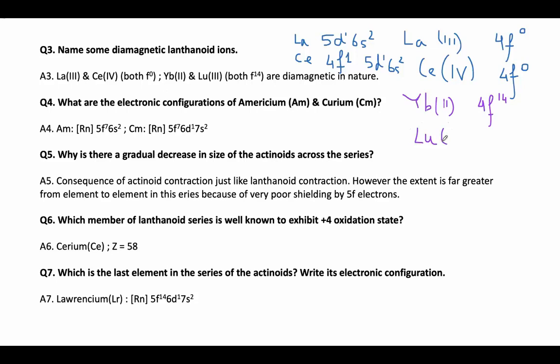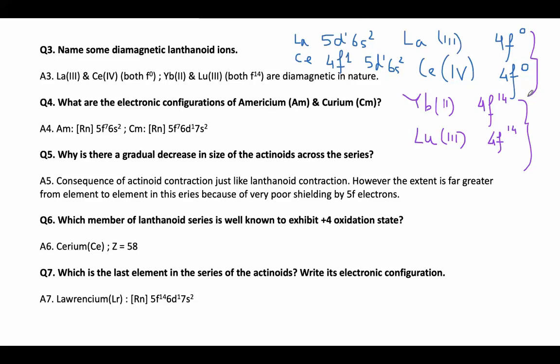Lutetium has the electronic configuration 4f14 5d1 6s2. So lutetium 3 will have all the 3 electrons from d and s eliminated, so lutetium 3 will also be 4f14. Both of these 4f14 and this 4f0 are diamagnetic in nature because all the electrons are paired up and they do not possess any unpaired electron.